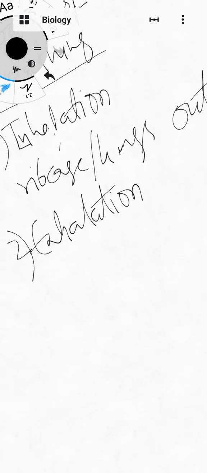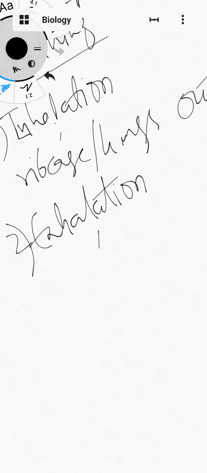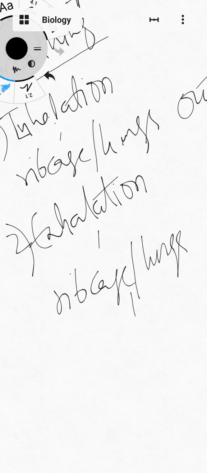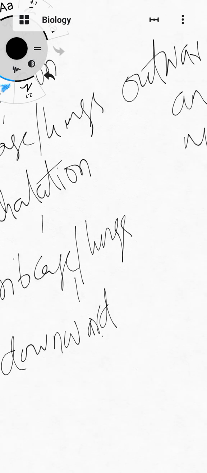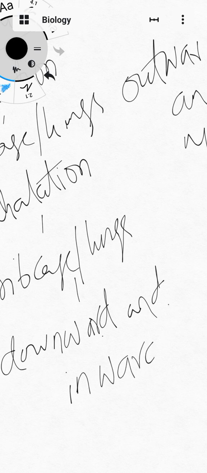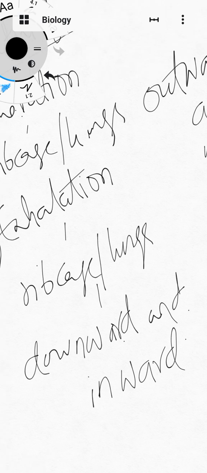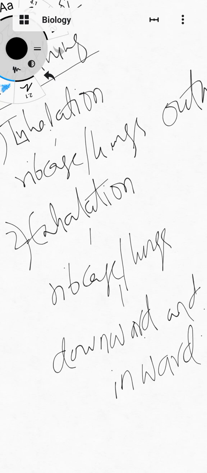Whereas when you exhale carbon dioxide from your body, your rib cage and lungs will move downward and inward. So when you inhale oxygen, your lungs move outward and upward, and when you exhale carbon dioxide, your lungs move downward and inward.